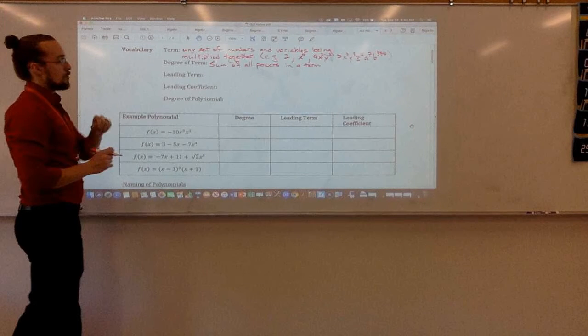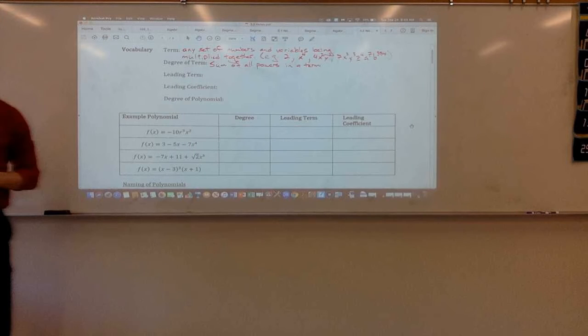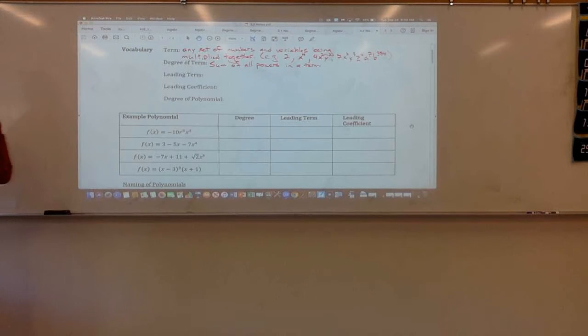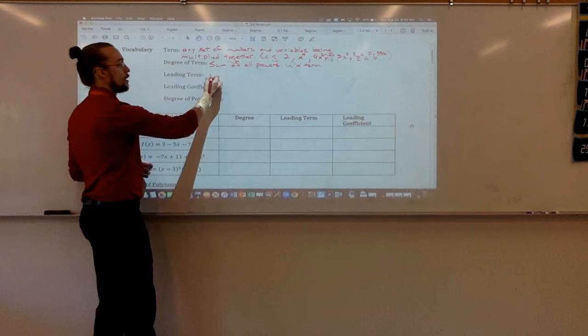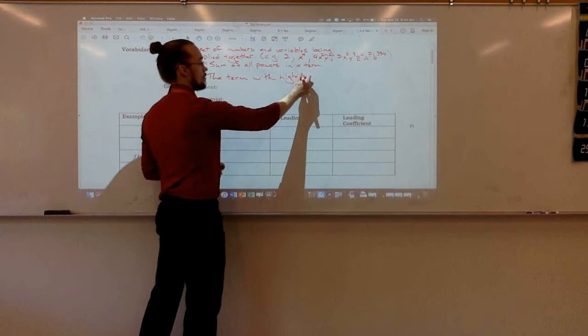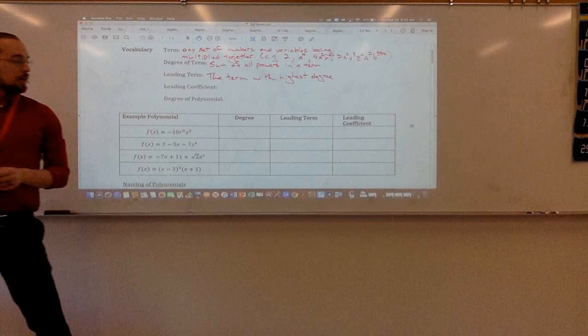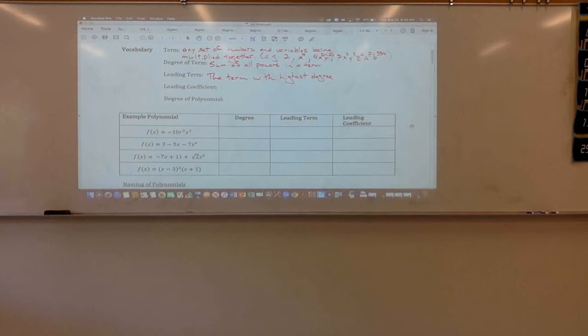How would I define the leading term in a polynomial? Is it just whatever one shows up first? Highest degree, right? And what's the leading coefficient? What's the leading coefficient then?